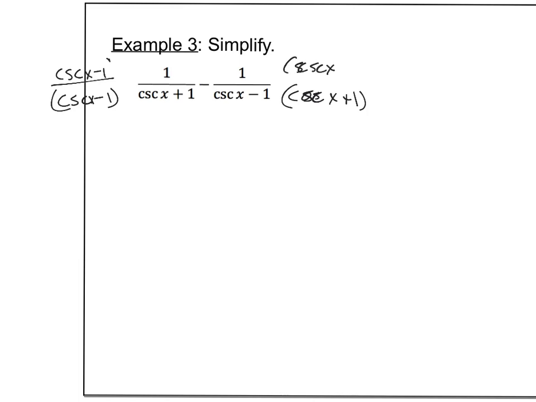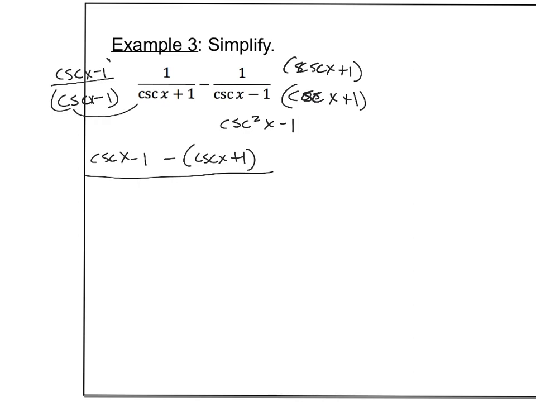Both top and bottom, sorry, not both sides. So I'm going to end up with cosecant of x minus 1 minus cosecant x plus 1, all over, and when I multiply these together, I get cosecant squared x minus 1. When I multiply these together, I have cosecant x minus 1 times cosecant x plus 1.